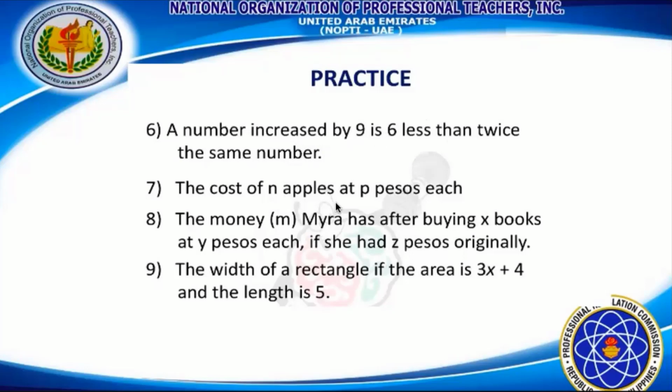The cost of n apples at p pesos. Okay. N times P or NP. The money Myra has after buying X books at Y pesos each if she had Z pesos originally.